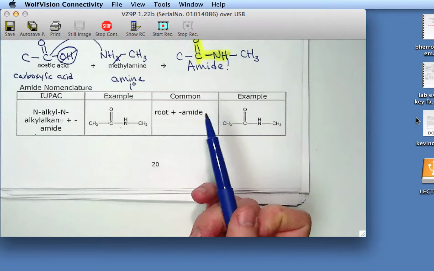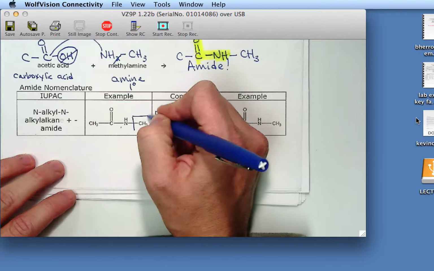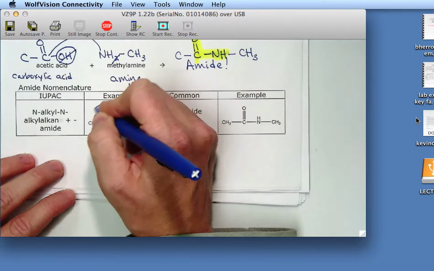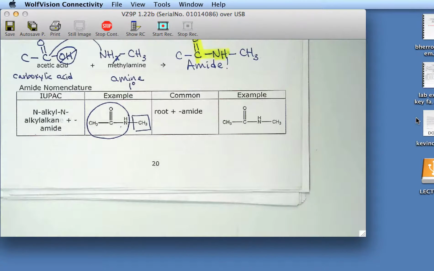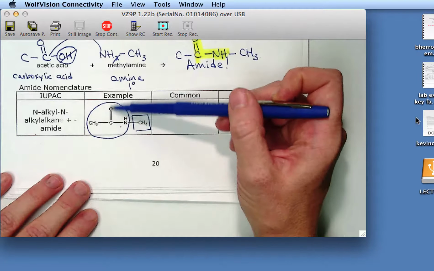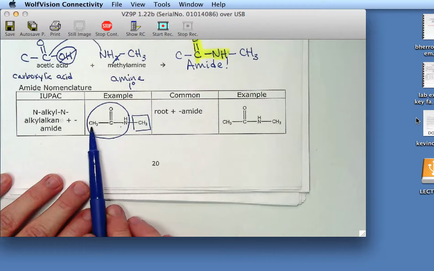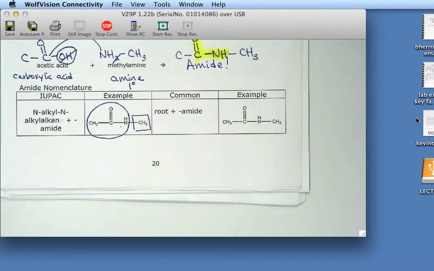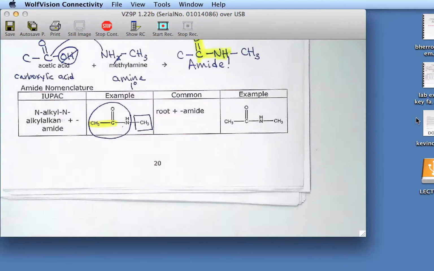Just like with esters, I always encourage students to square the alkyl group and circle the parent. Now your parent with amides has a carbonyl nitrogen. So you're counting how many carbons are here. This is your parent chain. How many carbons are there? 2.